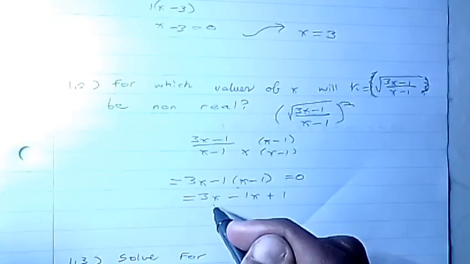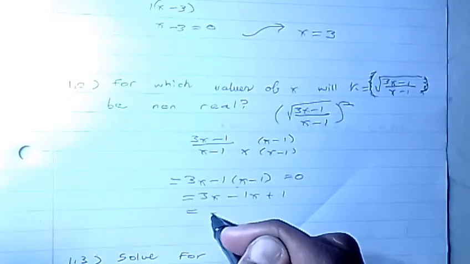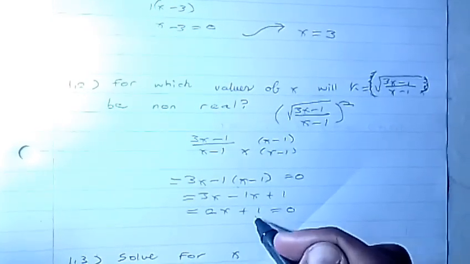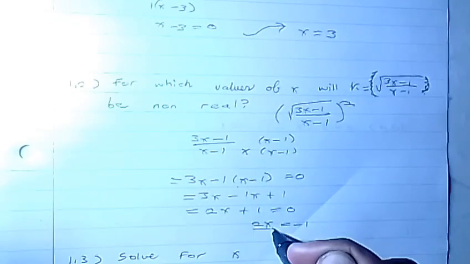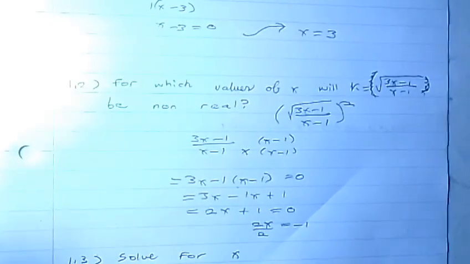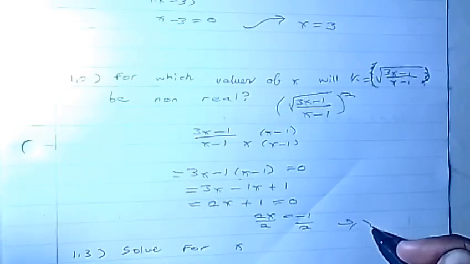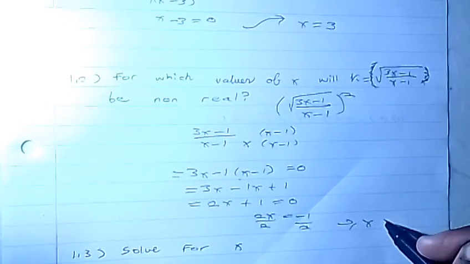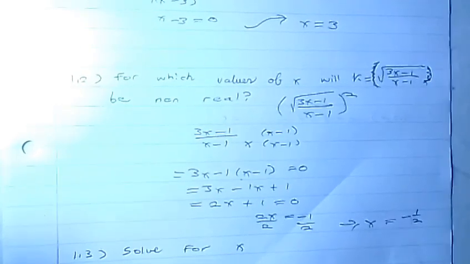From there, 3x minus 1x is 2x, plus 1. We take this 1 to the other side, so 2x equals negative 1. Divide by 2 on both sides. So x is negative a half, which is a non-real number.